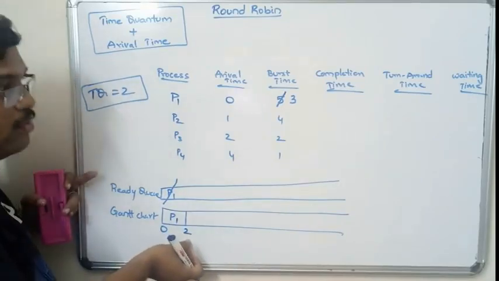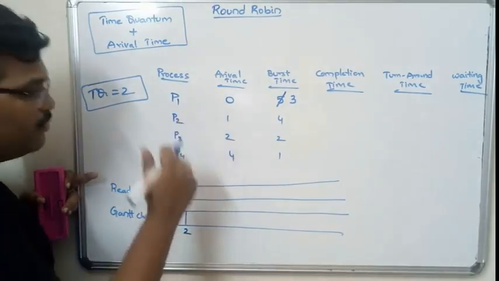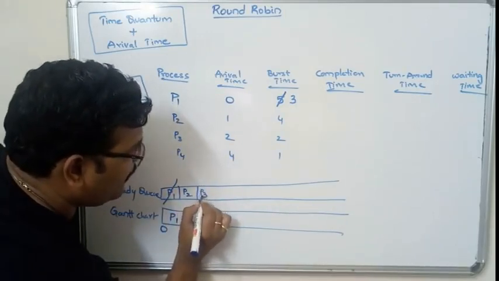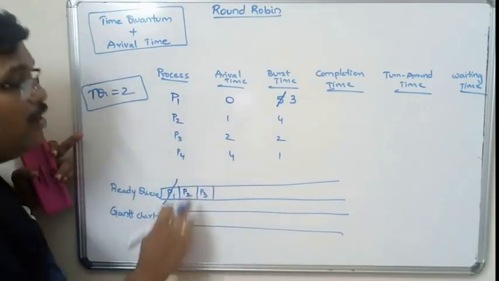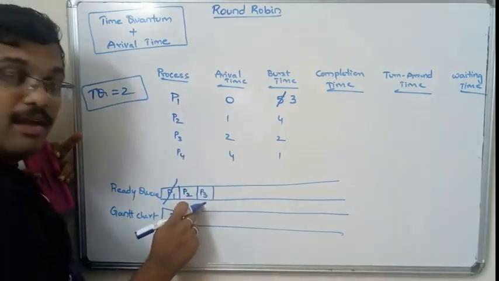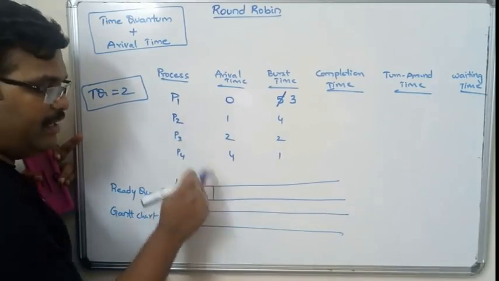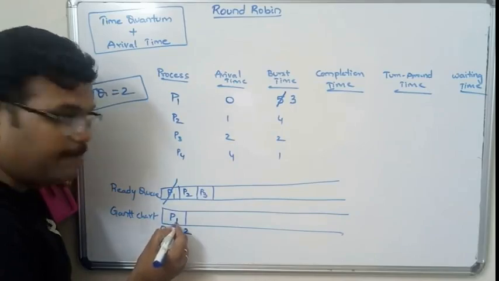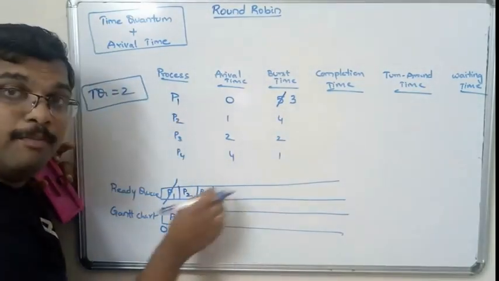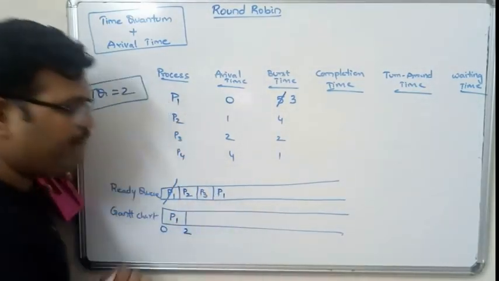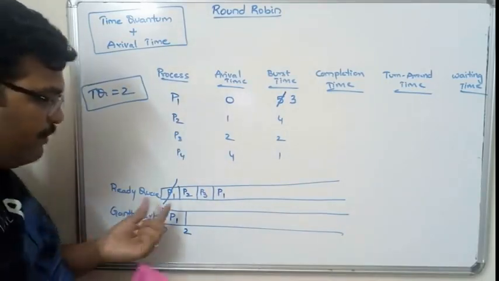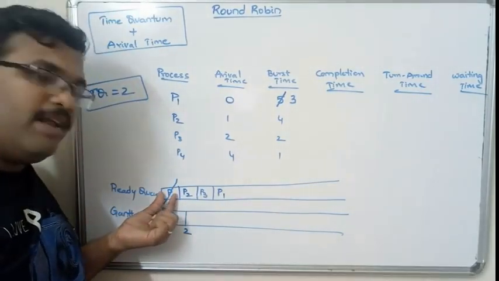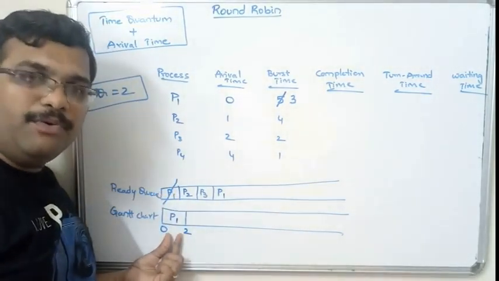Before that, at time 2, there are 2 processes available in the ready queue, that is P2 and P3. After completion of these 2 milliseconds, P1 will be removed from the CPU and moved to the ready queue. So understood? First at time 0, only P1 is available in the ready queue. It is removed from the ready queue and allocated to the CPU.